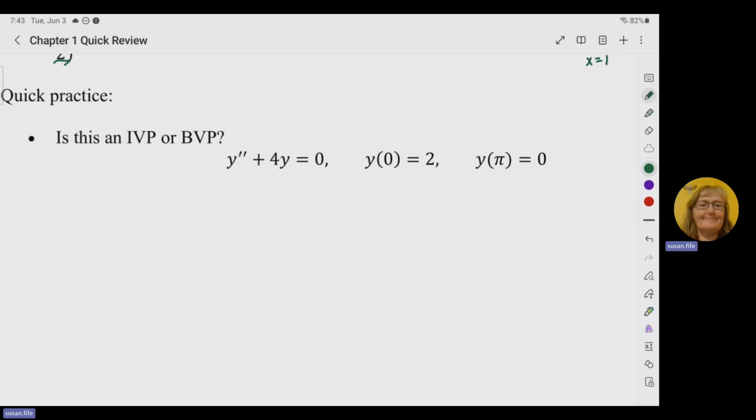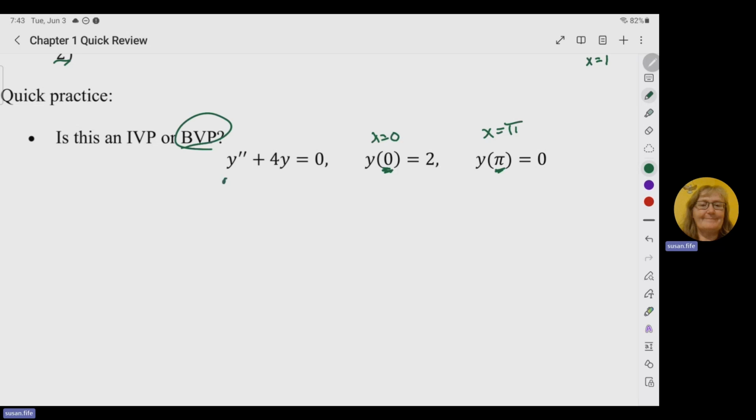For a boundary value problem, the x values will be different. In this first point, x is 0. In the second point, x is pi. 2 different values of x tells you that it's a boundary value problem.